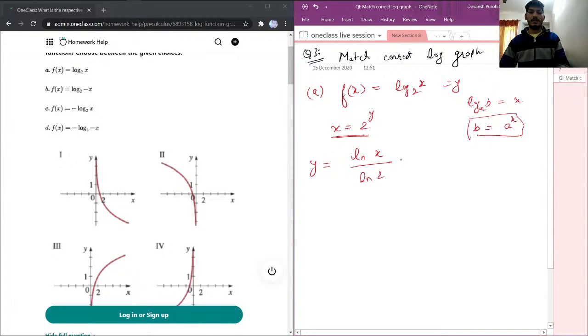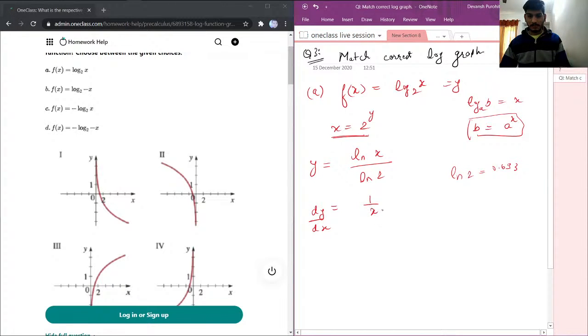I know the value of ln of 2 is 0.693. I'll just take the derivative to see whether my slope is going to be positive or negative.